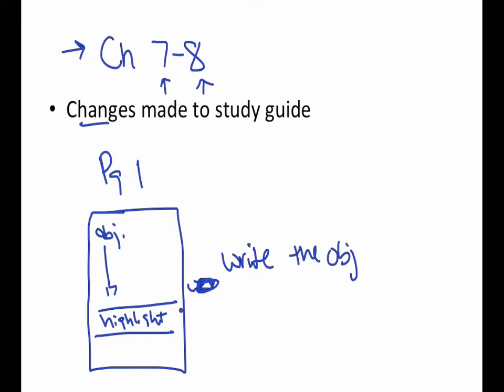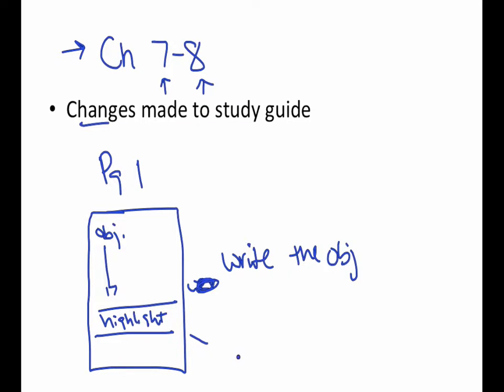Also, within your study guide itself, I've left a lot of space on each page for you to write your notes directly in your study guide. Some of you are not going to like this, especially those of you that write really big, so I apologize for those of you that this is going to affect. If you don't want to write your notes this way, then don't. Write them on a separate sheet of paper and just business as usual.